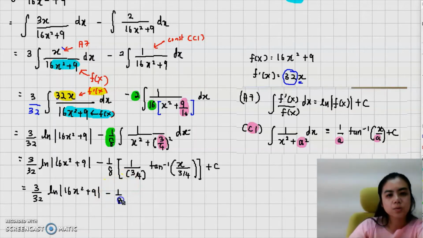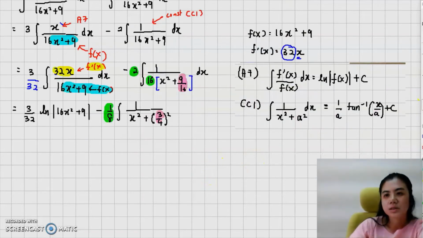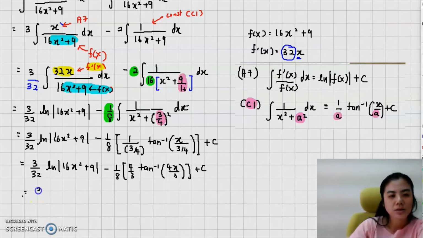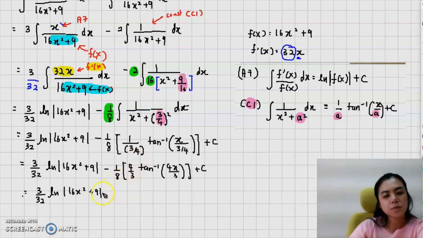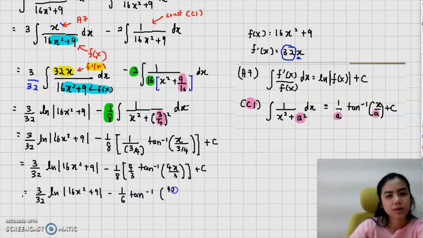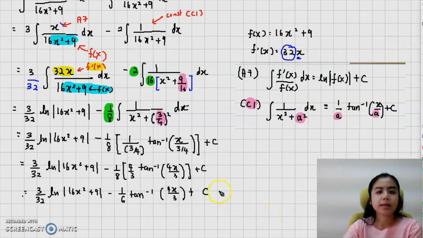This will give you 4 over 3 and 4x over 3, and simplify some more. This is actually simplified. We will have negative 1 over 6. That is the answer for the question of 7C.